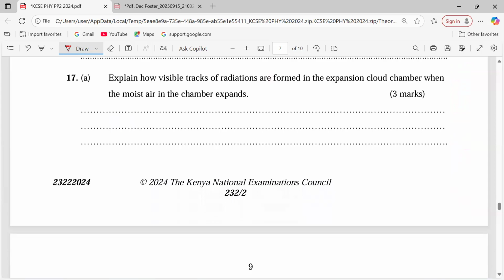Number 17. The question says, explain how visible tracks of radiations are formed in the expansion cloud chamber when the moist air in the chamber expands. So we are supposed to talk about the moist air expanding.